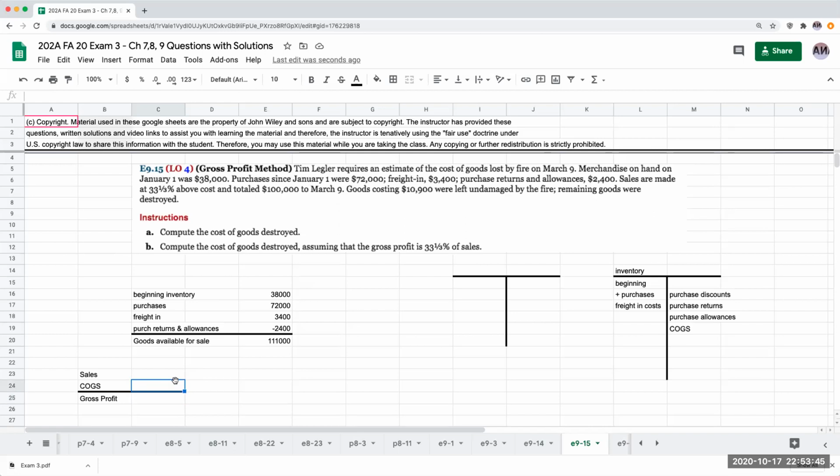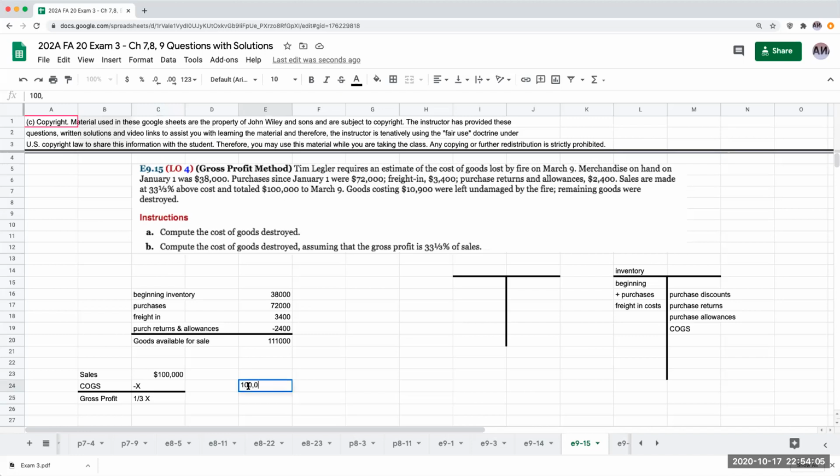So if we look at this, sales are 100,000, and my costs here, we'll just call this X, and my gross profit is going to be 1/3 of X, or basically that markup above cost.